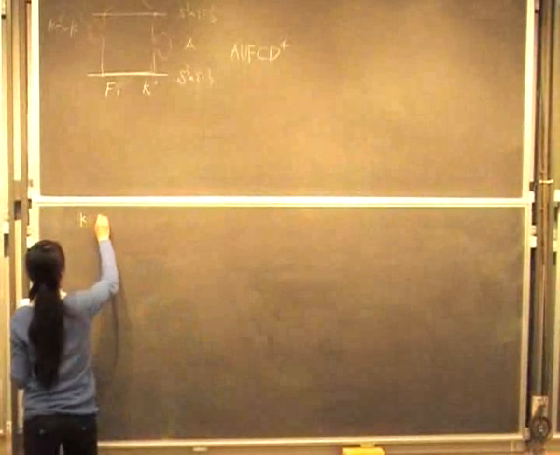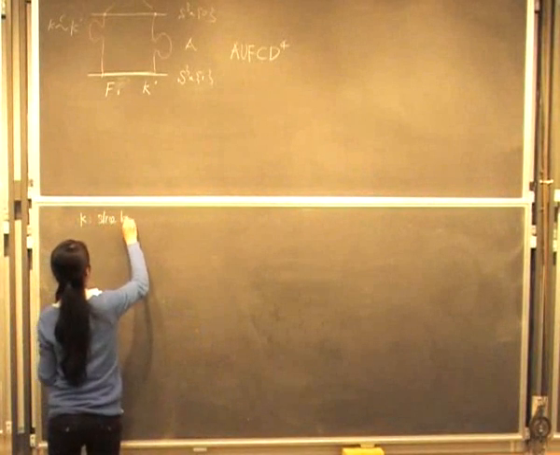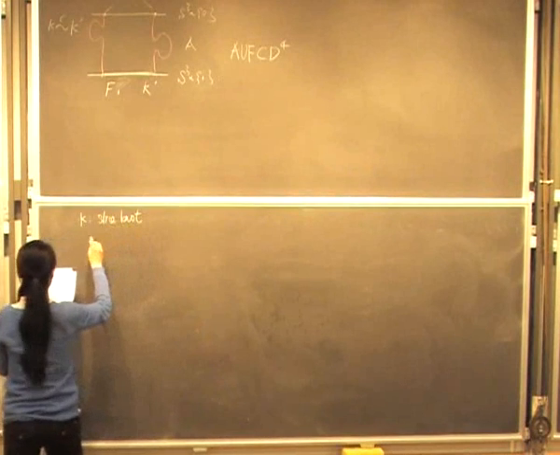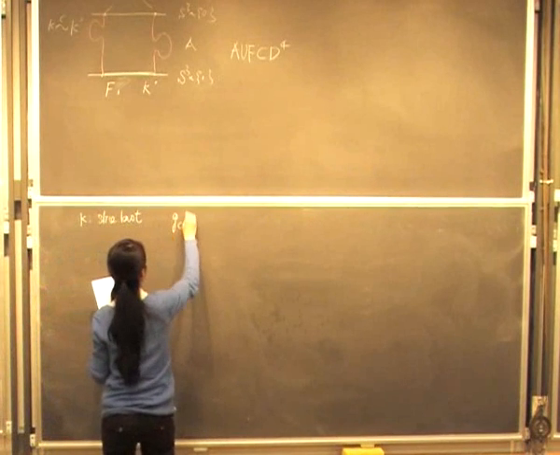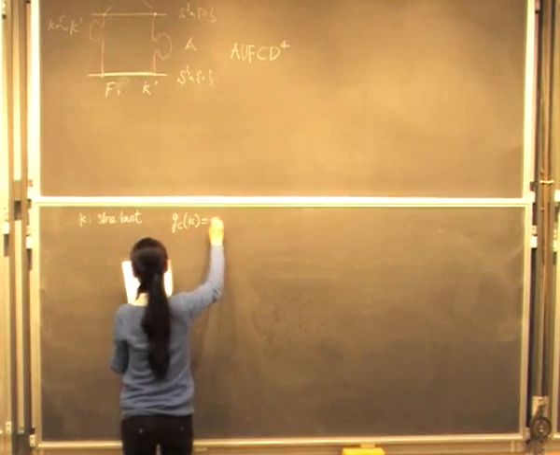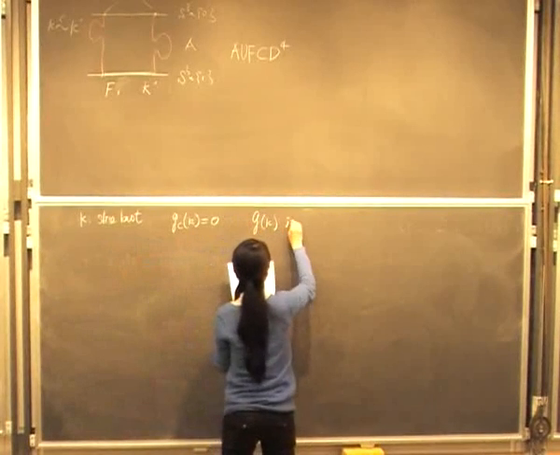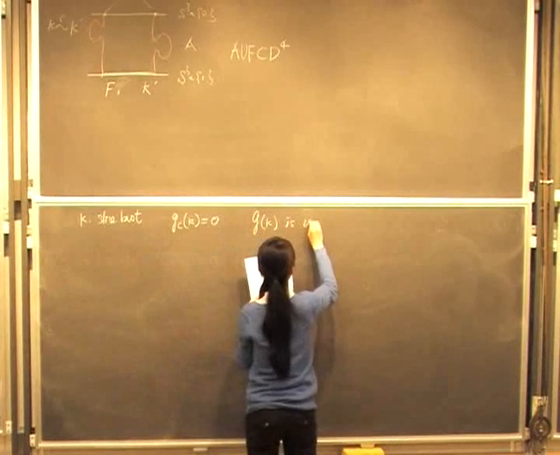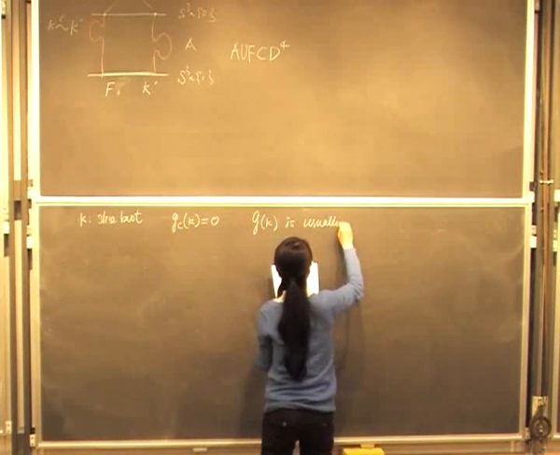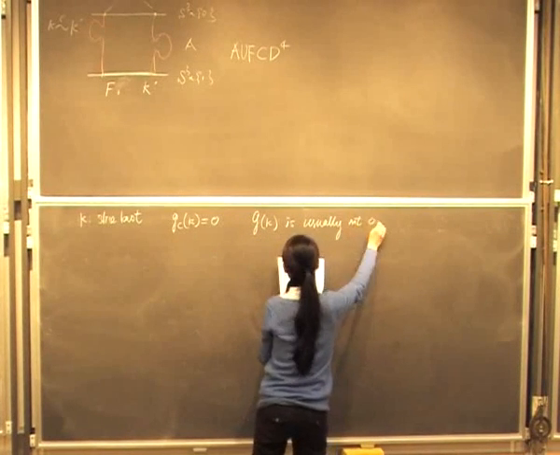If K is a slice knot, we know that g_C of K is equal to 0, but g of K is usually not 0.